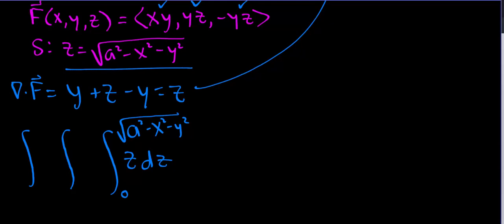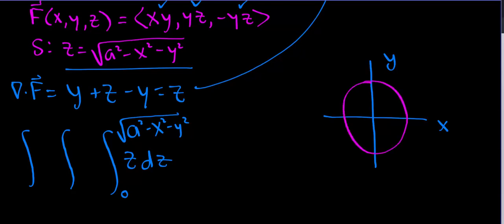Now, we're done with that. Let's project down to the xy plane. We've got a circle, and that circle is x squared plus y squared equals a squared. Just replace z with 0, and there you have it.